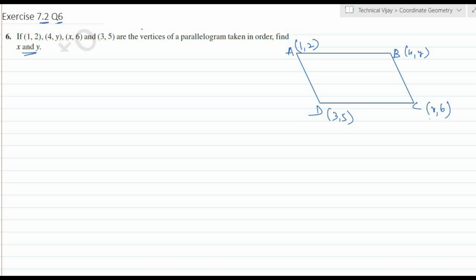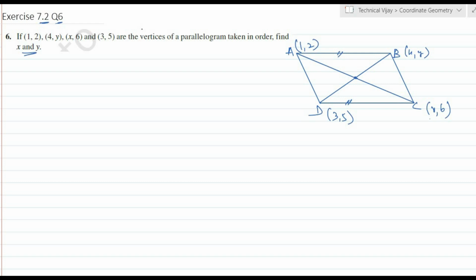So to find x and y, what do we have to do? Parallelogram means the opposite sides are parallel and equal. This condition we know. This distance is equal to this distance and this distance is equal to this distance. Also we know that the diagonals AC and BD intersect at the midpoint.